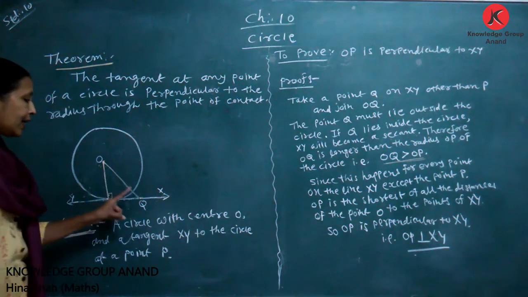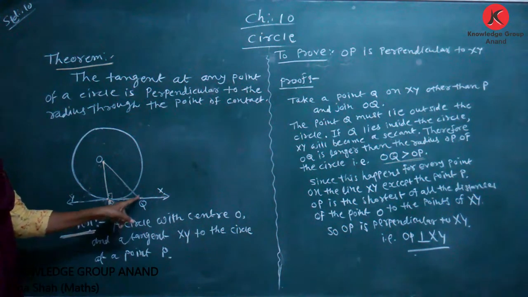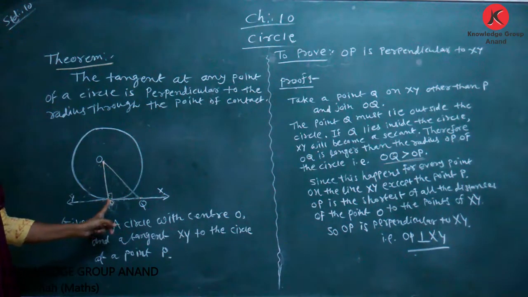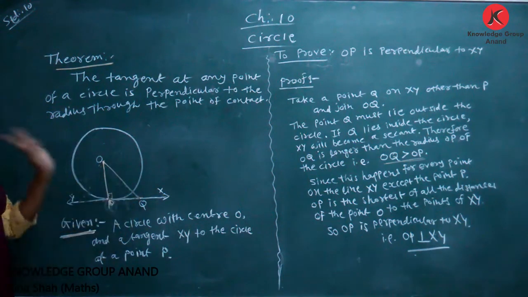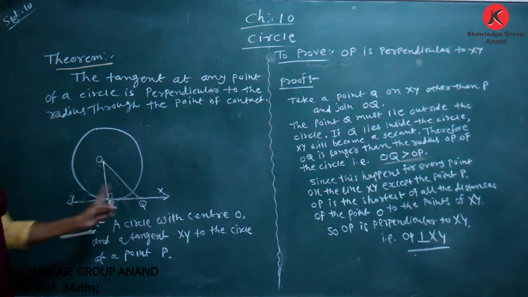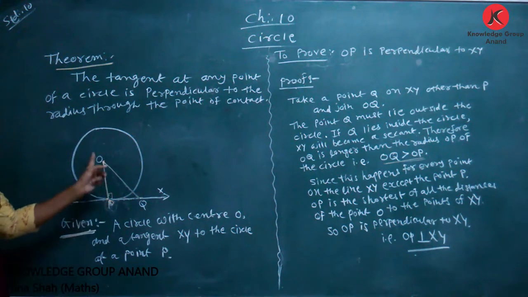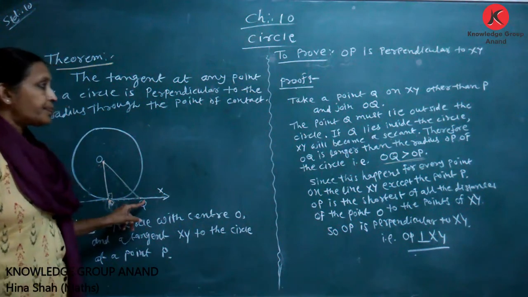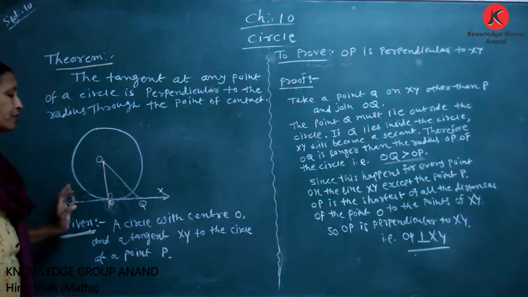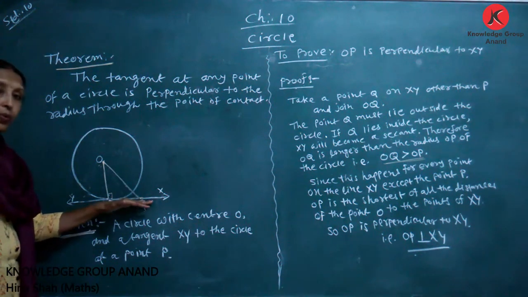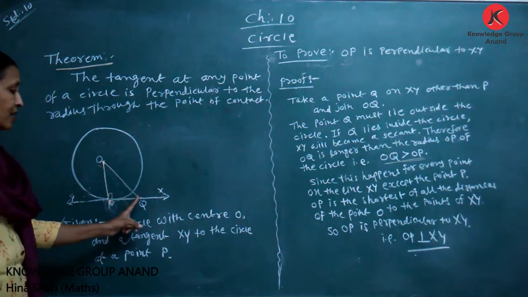Proof. Take a point Q on XY other than P and join OQ. The point Q must lie outside of the circle.